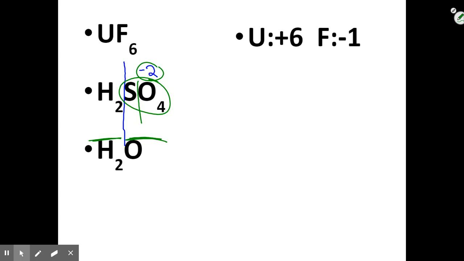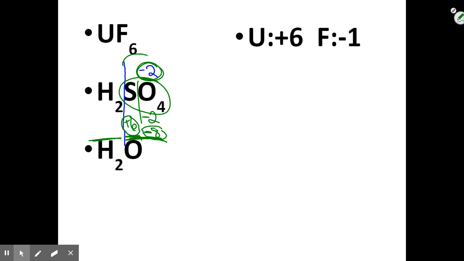If I look at oxygen, we said oxygen is -2, but we have 4 of those. So this side is -8, which means sulfur has to be +6. So that -8 and +6 give me the -2.